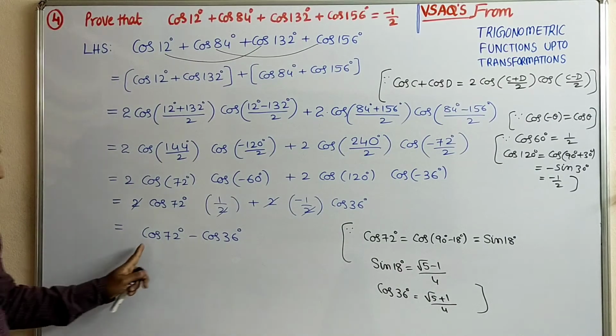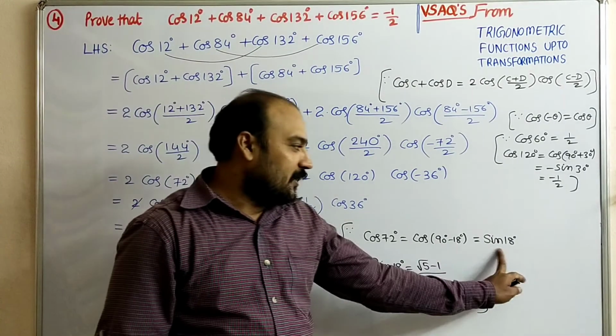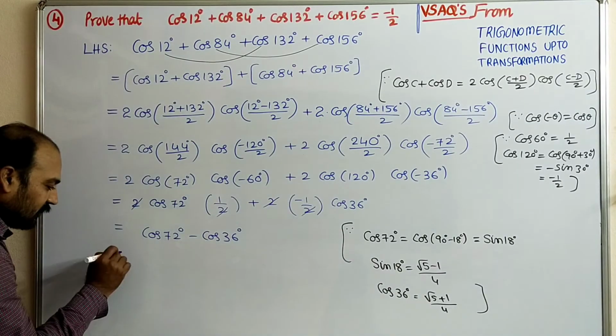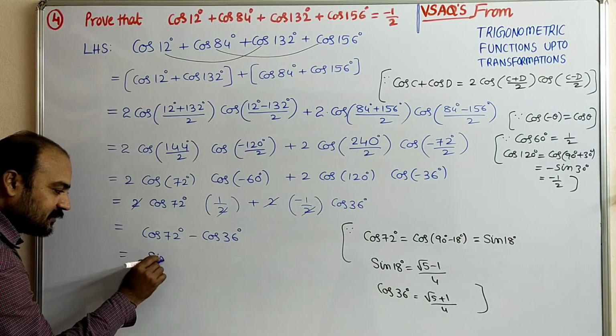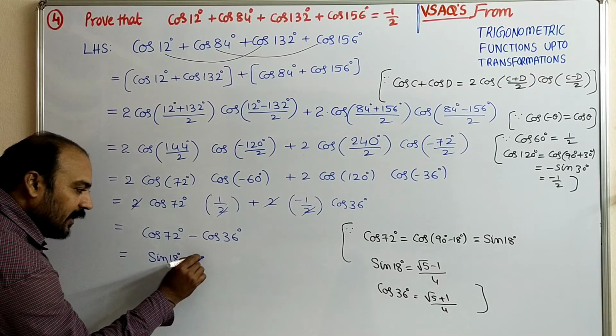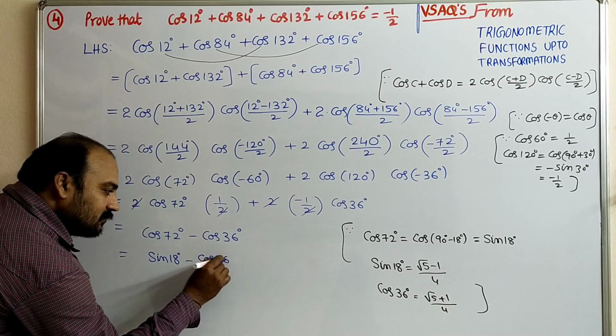So now in place of cos 72, we have to replace with sin 18. Sin 18 degrees minus cos 36.